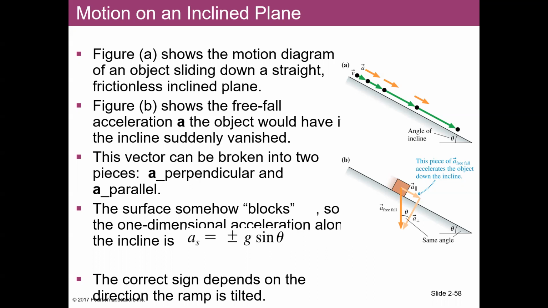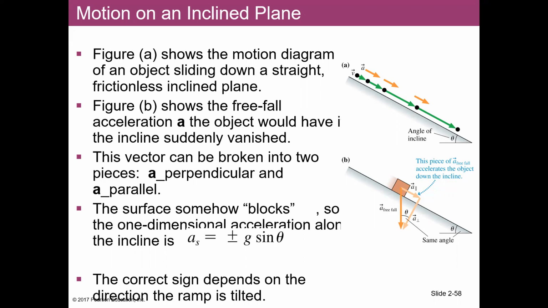And so the trick is that you break the free fall acceleration vector into a part that points parallel to the incline and a part that points perpendicular. We'll talk much more about that in Chapter 3 and also in Chapter 5 when we talk about the forces behind this.